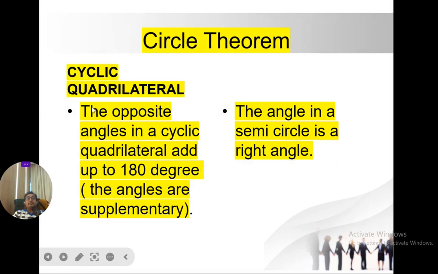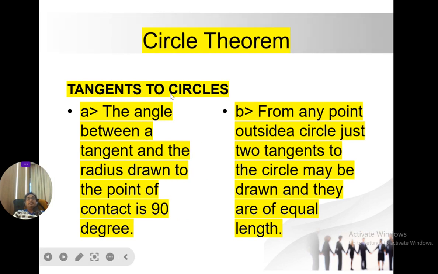Then is the cyclic quadrilateral, where the opposite angles of a cyclic quadrilateral add up to 180 degrees, which is also called supplementary angles. Then the angle in a semicircle is a right angle. Next is tangents to circles. The angle between a tangent and the radius drawn to the point of contact is 90 degrees.